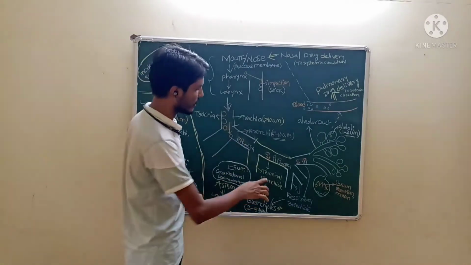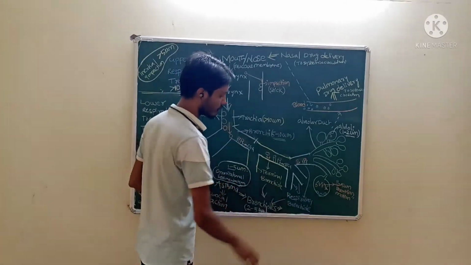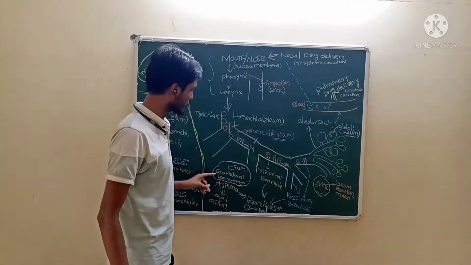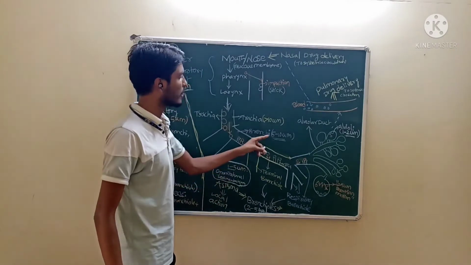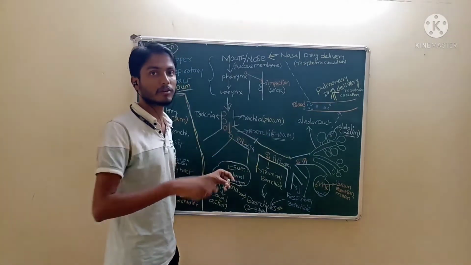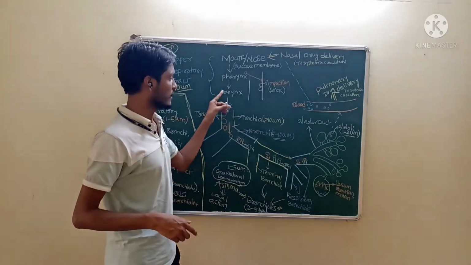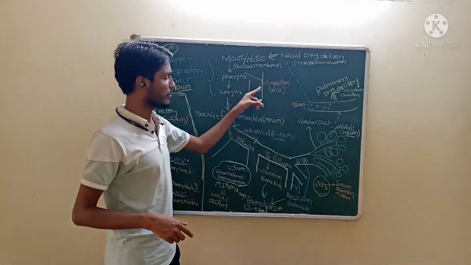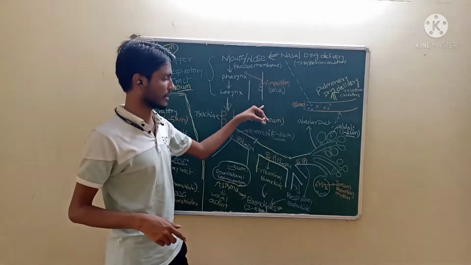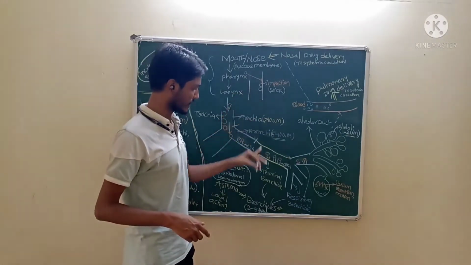Particles of size greater than 5 micrometer will stick by inertial impaction. So by inertial impaction, gravitational sedimentation, and Brownian motion, and some particles will deposit by electrostatic means, by development of charge.